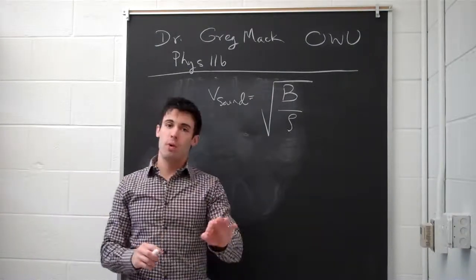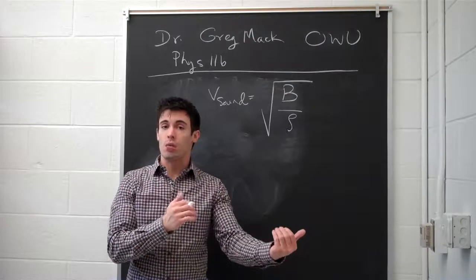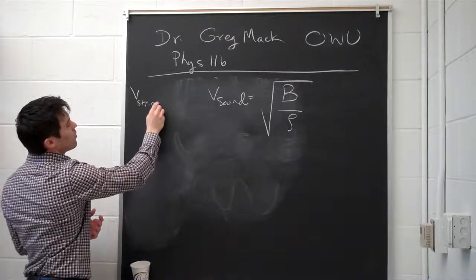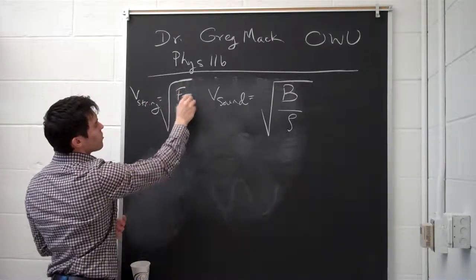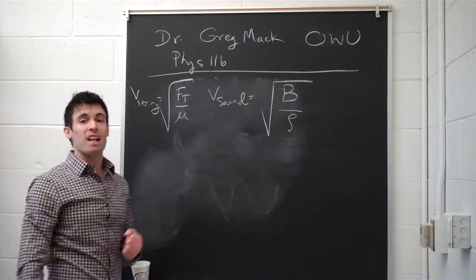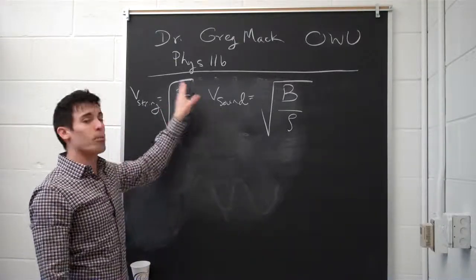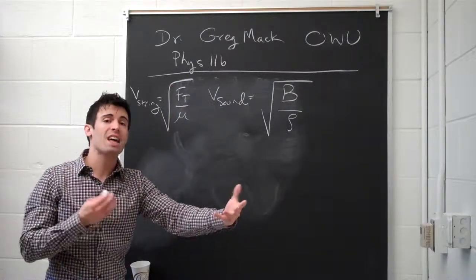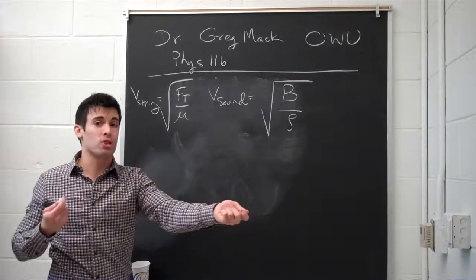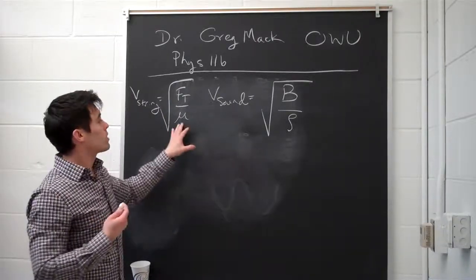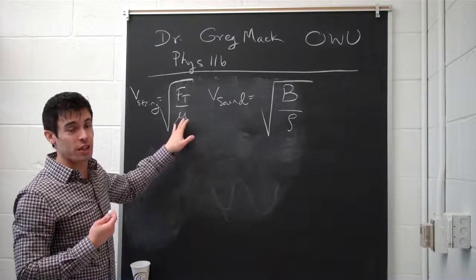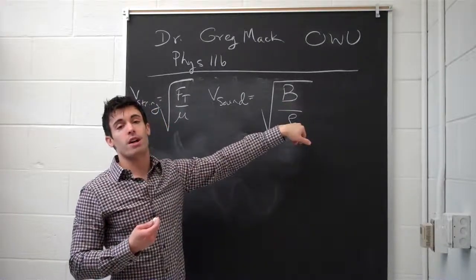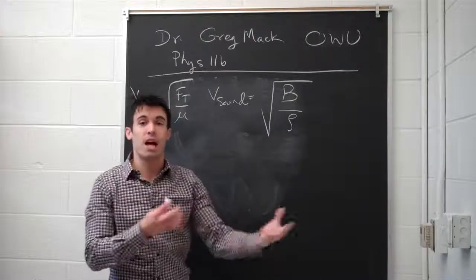Just like with the speed of a wave on a string we talked about, which was equal to the square root of the tension force divided by the linear mass density, we have some property of the medium itself that says how easy it is to move, how elastic it is, how much it can stretch. The more something is pulled taut, the less freedom it has to move, divided by some density. This is just the linear mass density, this is the actual volume density. Okay, so it's some elastic property divided by the inertial property with regard to how much mass you have in any given volume.